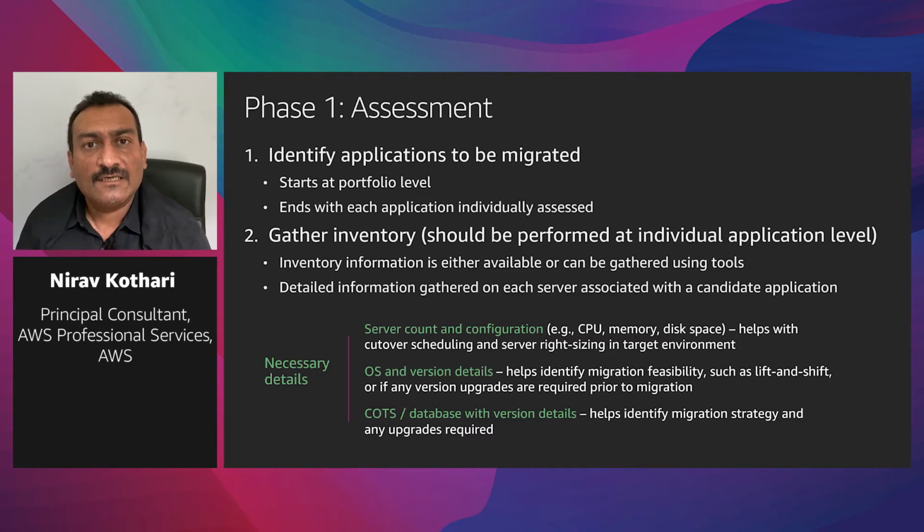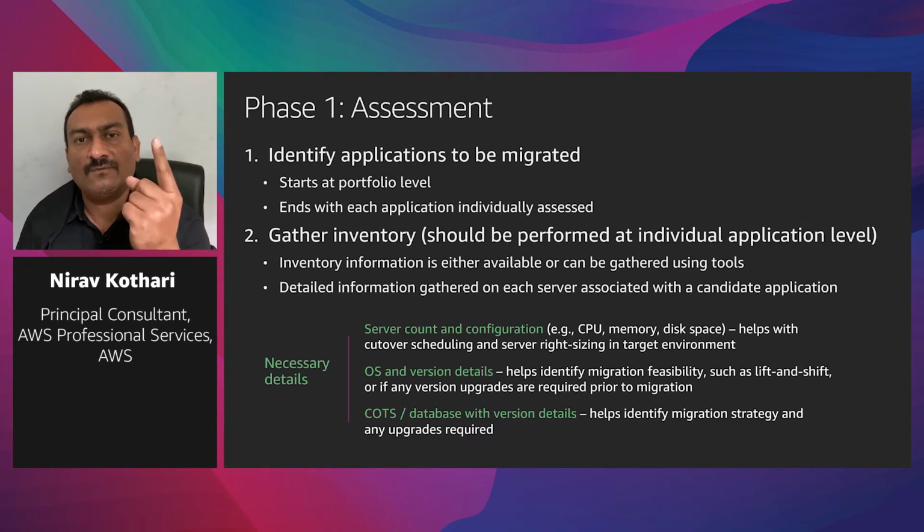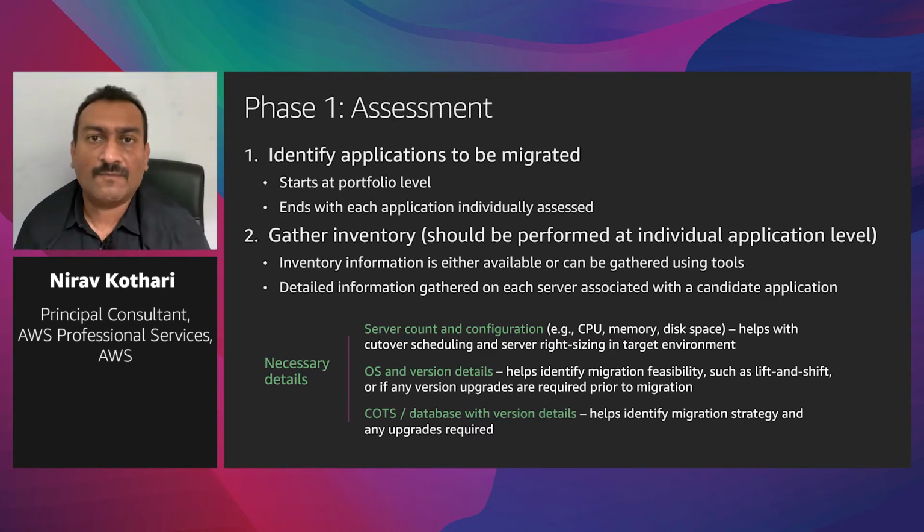In the checklist, ensure that you gather a good, solid inventory, which will not just include hardware components such as CPU, memory, storage requirements, but also software components such as operating system, off-the-shelf, database, version details, and so forth. As you would imagine, in the next phase, this information will help in two ways. The hardware information will help you identify EC2 instance, and if you have right-sizing information, CPU memory utilization information, it will help you in right-sizing and cost optimizing.